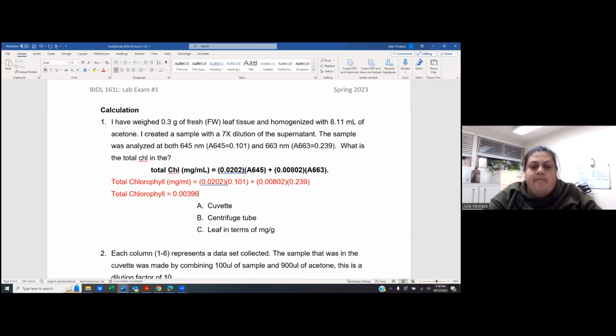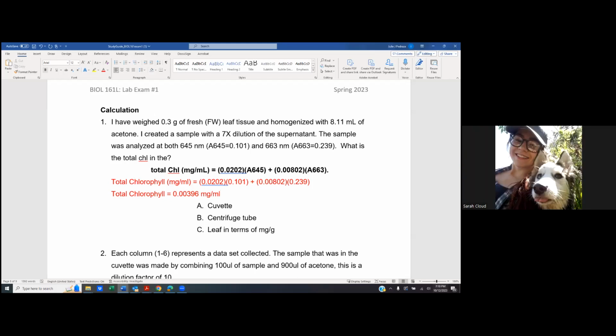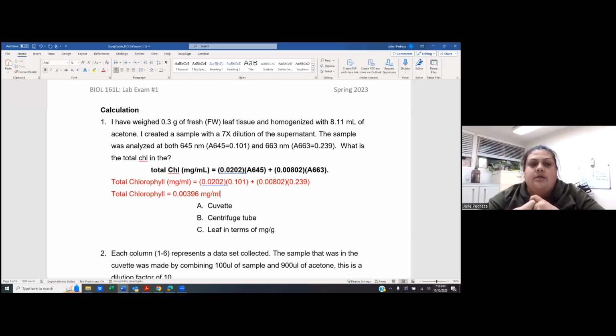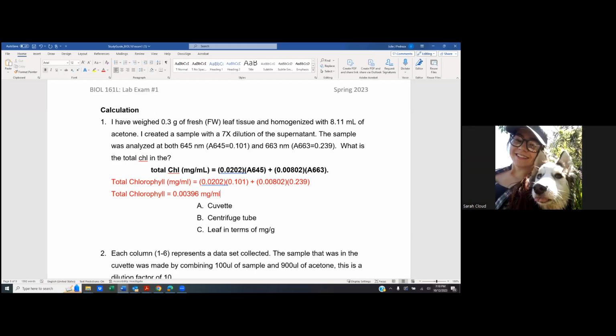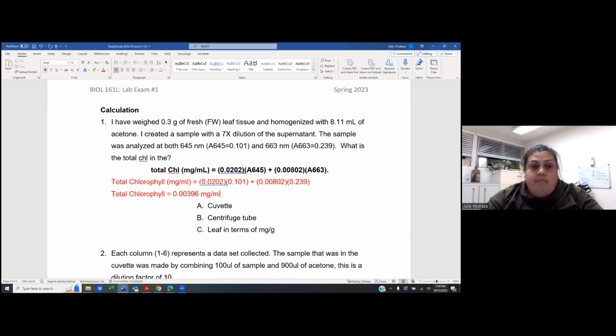Is this what everybody got? Did I do it right? Okay, great. So now we got the total chlorophyll. What's the next step? Would you multiply it by 7 for what is in the cuvette? Correct.